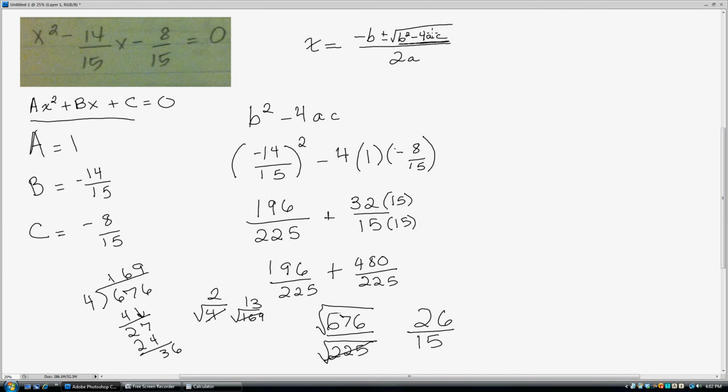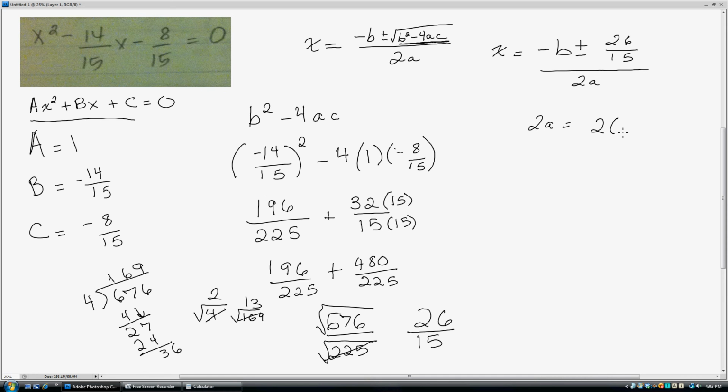Okay, so now I know that this whole square root piece, because I put my square root in, winds up being 26/15, which means I can change my formula now to negative b plus or minus 26/15 over 2 times a. So the next thing, of course, we want to know is what is 2 times a?